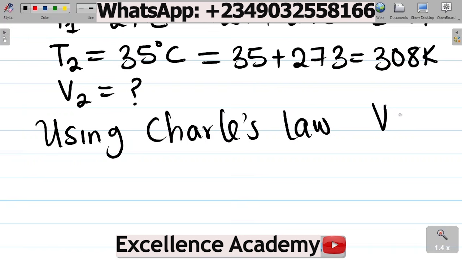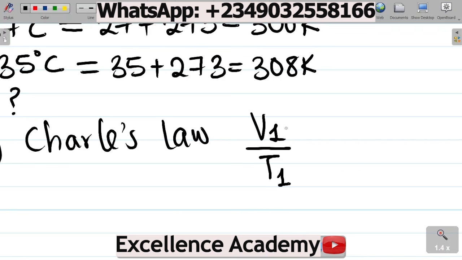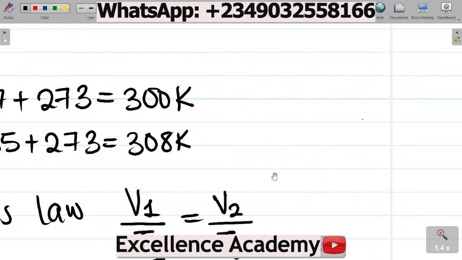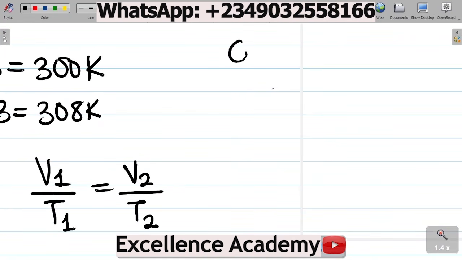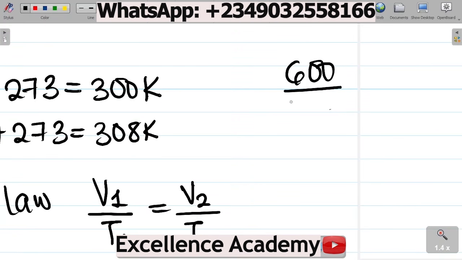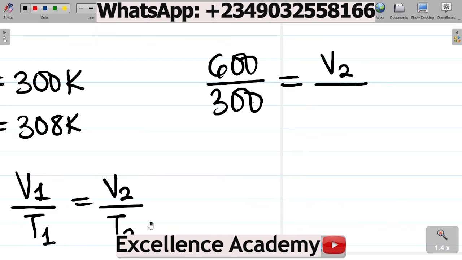From Charles' law, you have V1 over T1 is equal to V2 all over T2. Let's input values. V1 is 600. So you have 600 all over T1. The value of T1 is 300, is equal to V2 unknown all over T2.